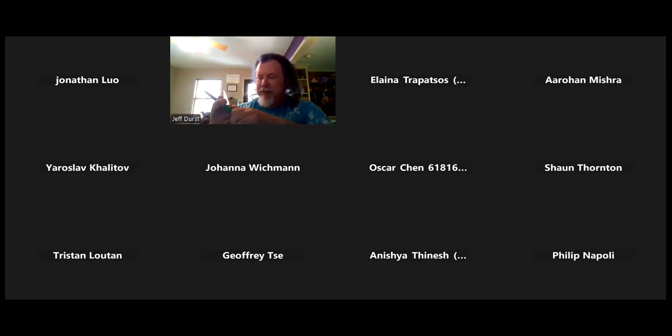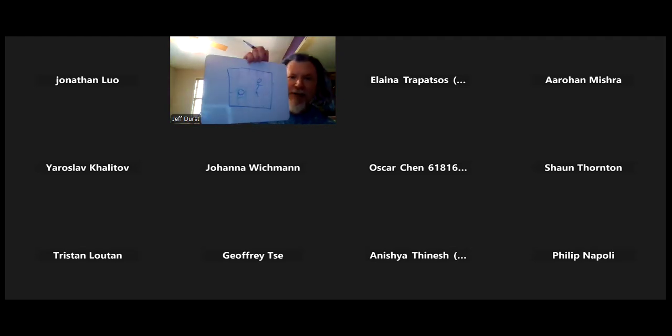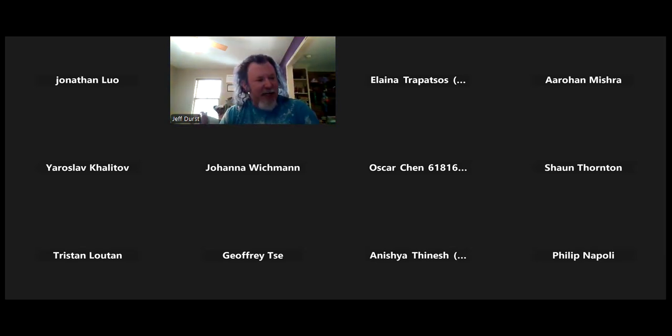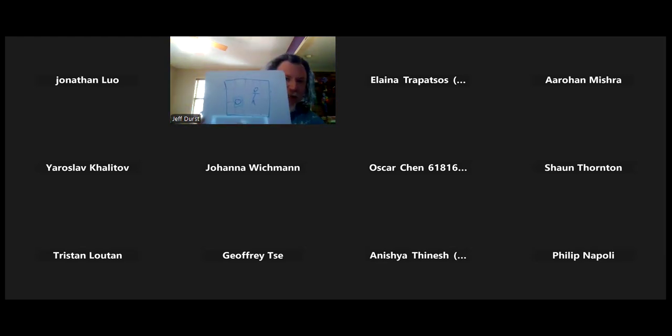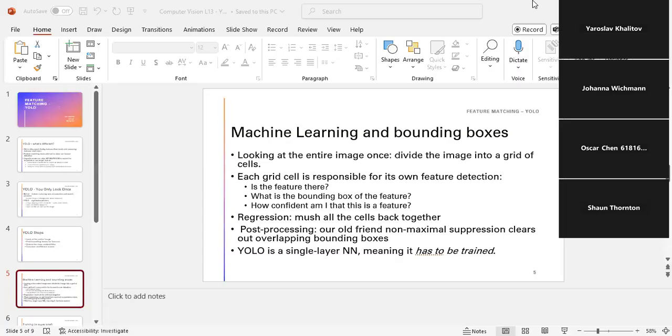It draws a bounding box around the feature when it finds it and does some math, and then we'll say, okay, I think, with some confidence measure, this is a ball inside this image. So that is the main difference between what we've been doing and what machine learning and the newer kind of algorithms do.